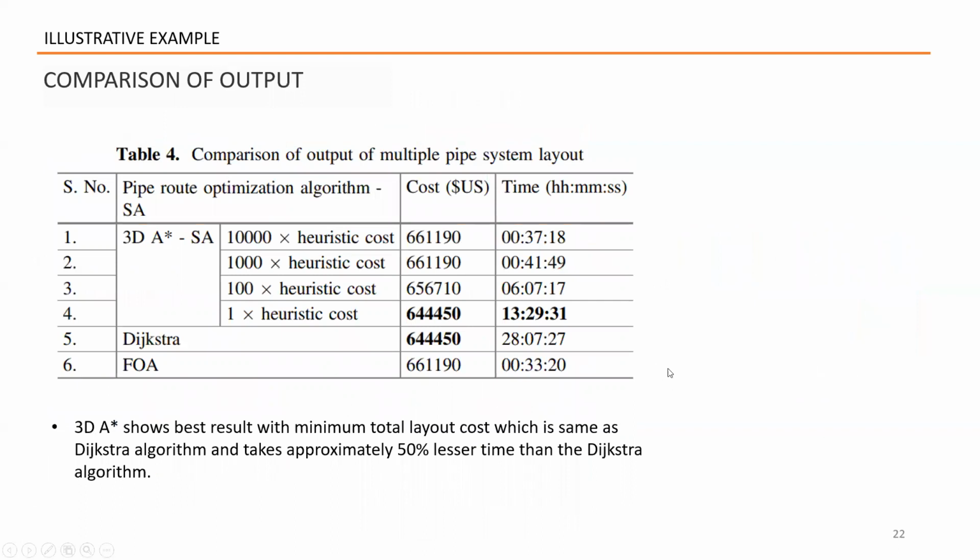After comparing the algorithm results, it was found that 3D A star with SA with a heuristic cost factor of 1 has the lowest cost, 644,450, which is the same as the Dijkstra cost.